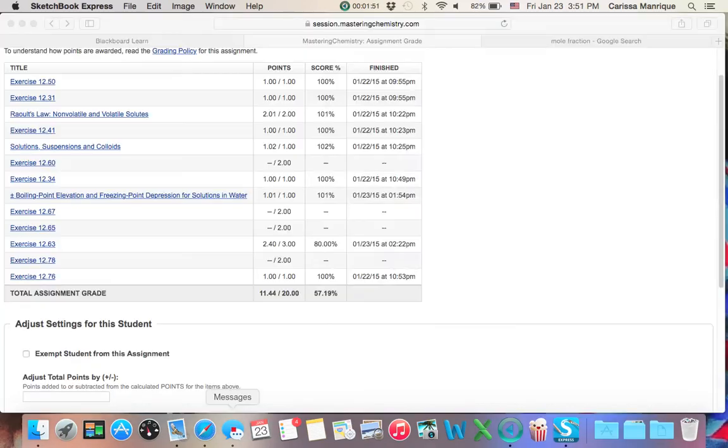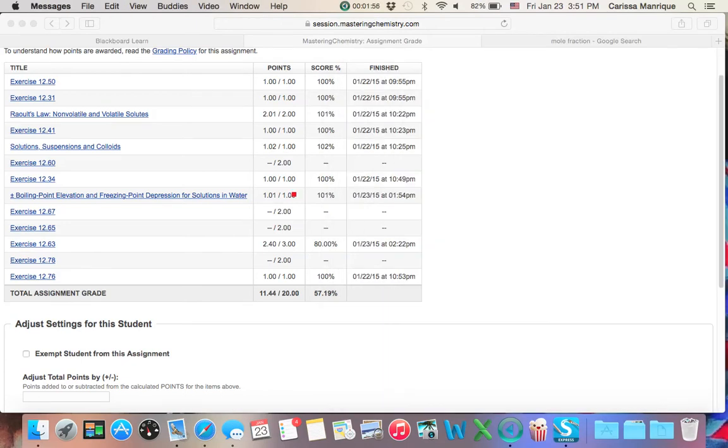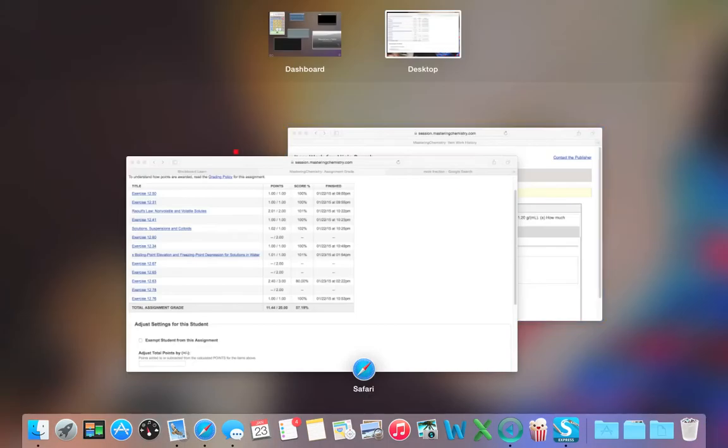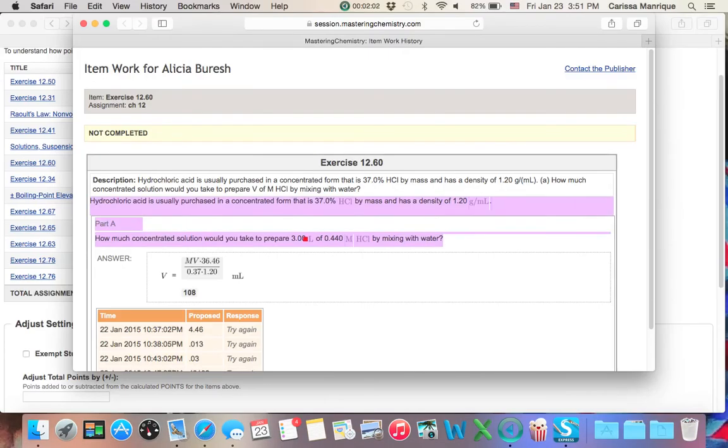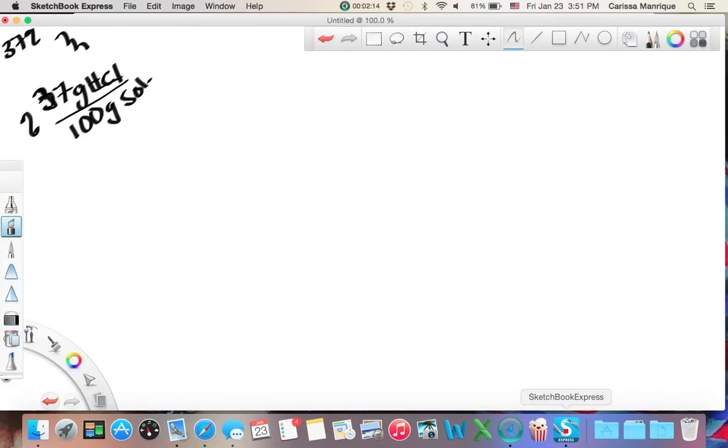We also know that you have 1.2 grams per milliliter for the density. Okay, so you write that down. The density equals 1.2.